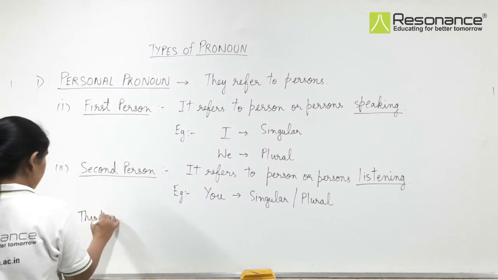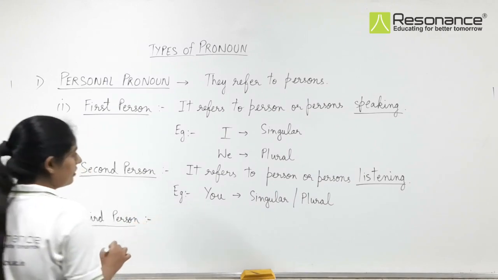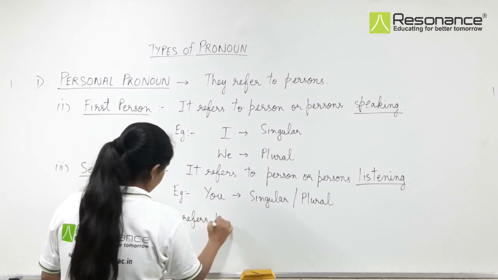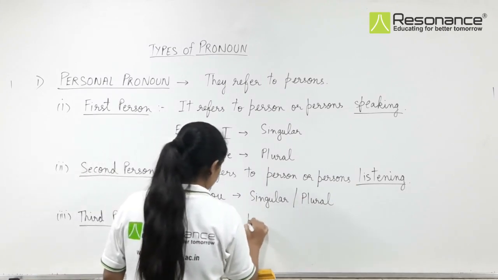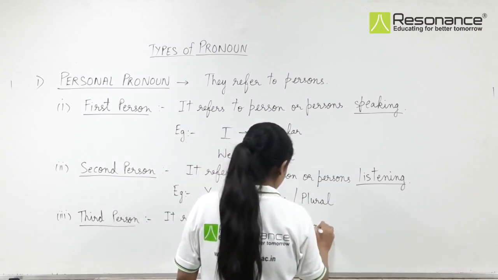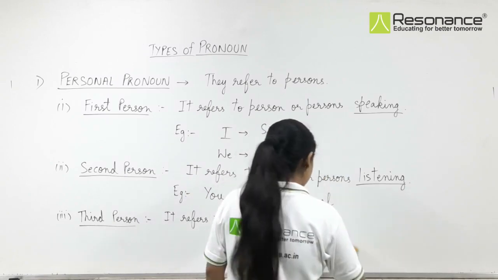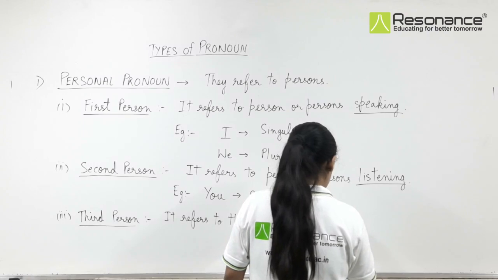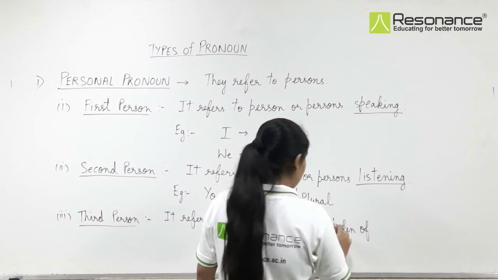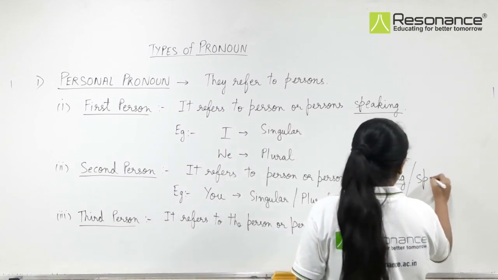Now this third person is very interesting. It refers to the person or persons spoken of. Spoken of means जिसके बारे में बात हो रही है. In case of listening, we say spoken to.